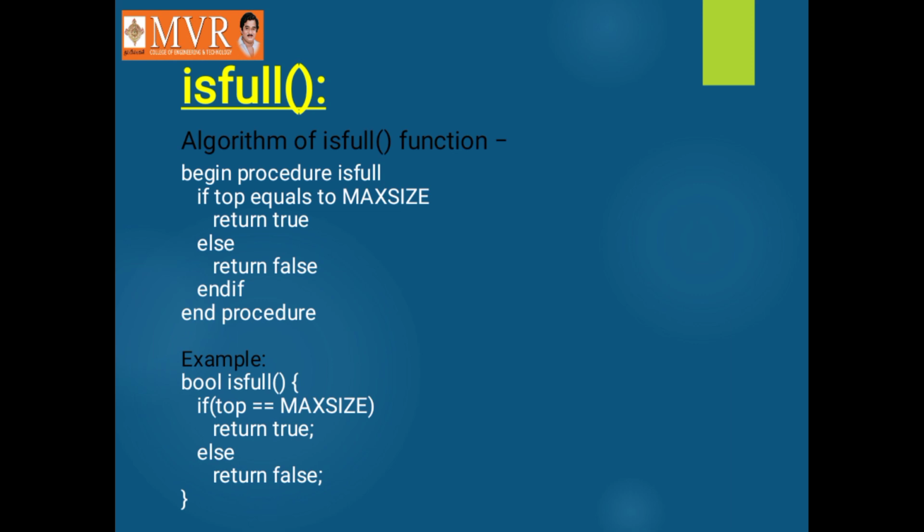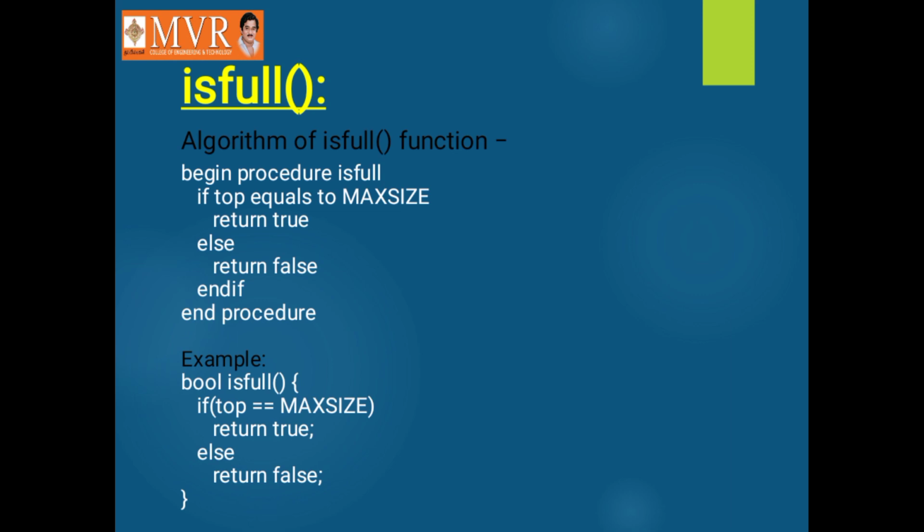If I am having an array or stack of size 10, my lower bound will be 1 and my upper bound will be 10. If my top is equal to 10, that is the maximum size, then I say my stack is full, else I can say my stack is not full.